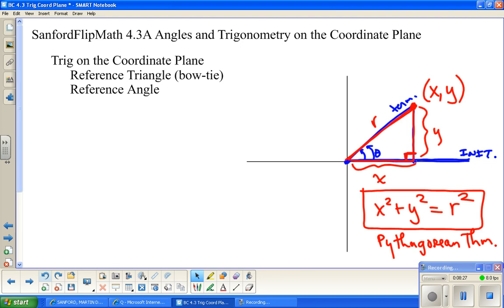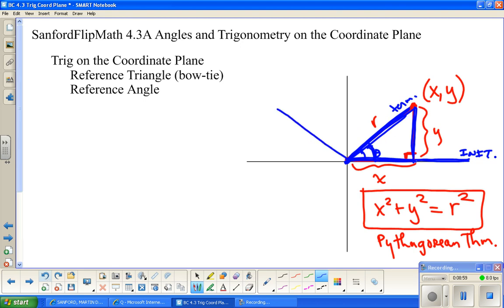I don't have to be in the first quadrant, but my triangles always have to be oriented in a certain way. The angle always has to be at 0, 0, and it always has to be made with the x-axis. So one possible triangle is here. It could be taller and narrower, it could be flatter and wider. Those are all possibilities, but in terms of where it's located, it has to be similar to that.